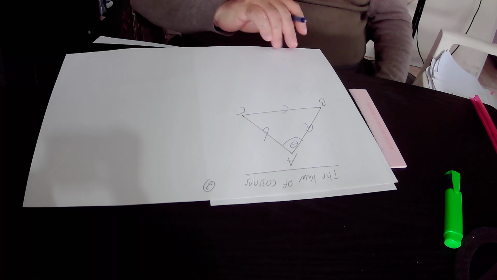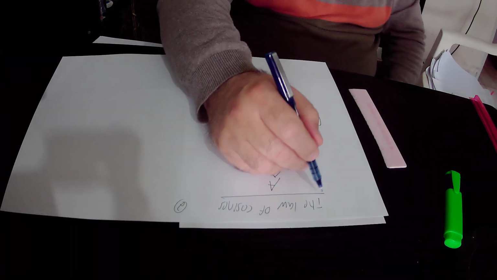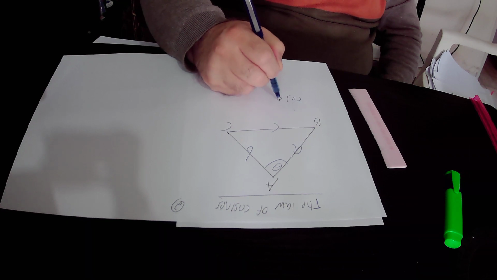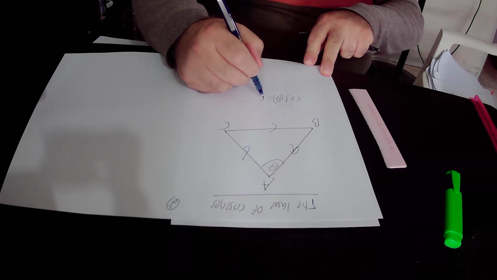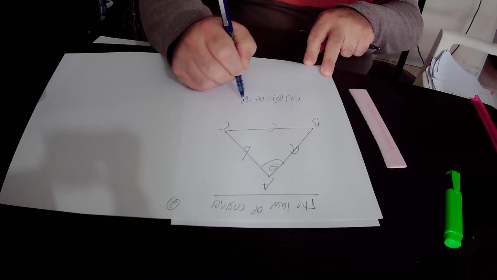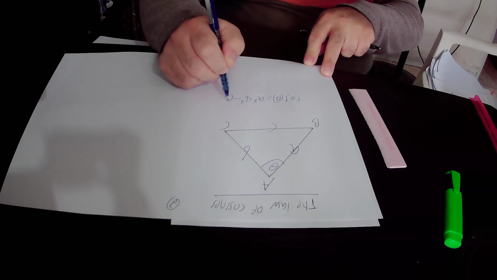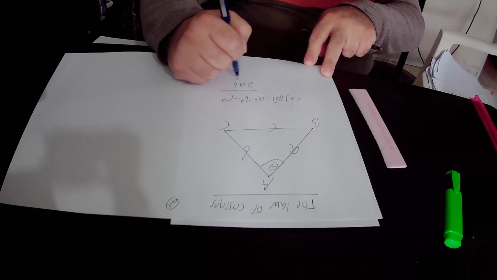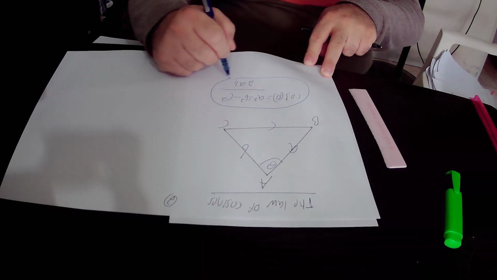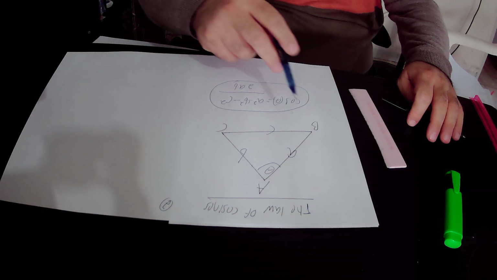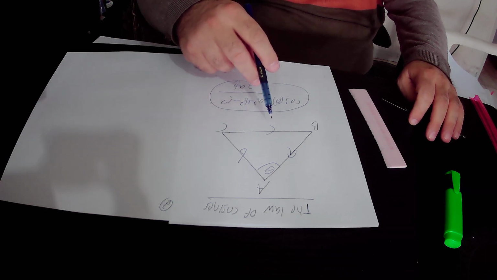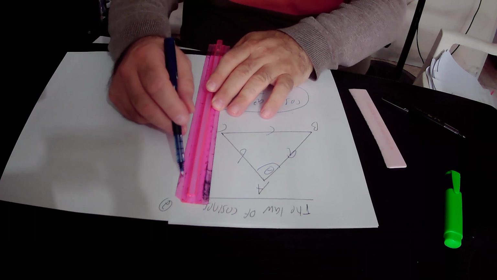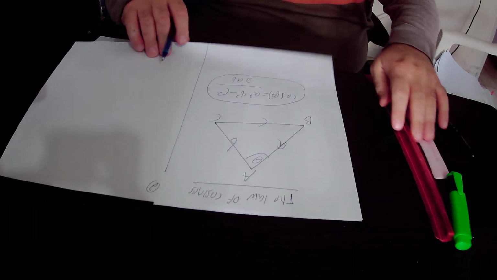Then according to the law of cosines, we will get that cosine theta equals A squared plus B squared minus C squared over 2 times A times B. I repeat again, this triangle ABC can be any triangle. We will implement the law of cosines in our triangle ABC.